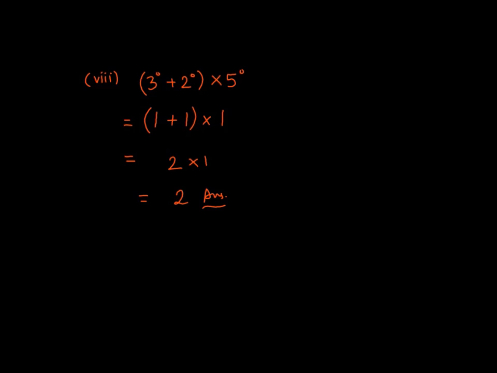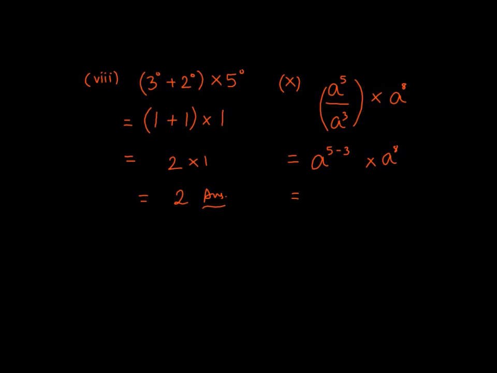And its 10th part. In its 10th part we are given a raised to power 5 divided by a raised to power 3, multiplied by a raised to power 8. A raised to power 5 divided by a raised to power 3, by using the law of exponent, this becomes a power 5 minus 3.